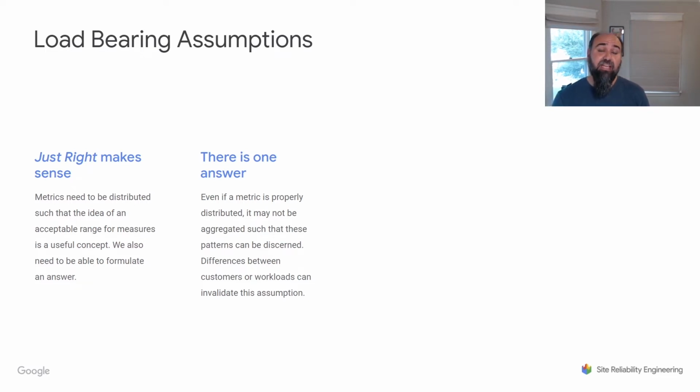And in that case, what you end up with is aggregations that don't necessarily have predictable properties, and that makes it very hard to discern whether things are working or not, right? As you start to aggregate more and more pieces of workload together, for example, or different customers or whatever, this isn't necessarily true, and that can lead to problems.